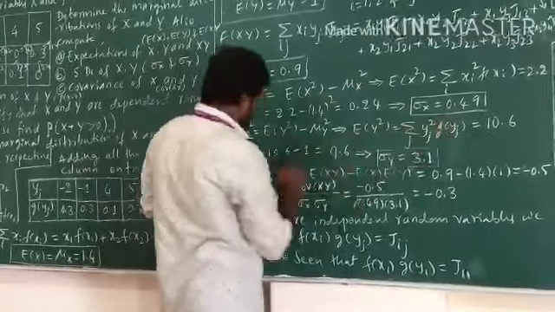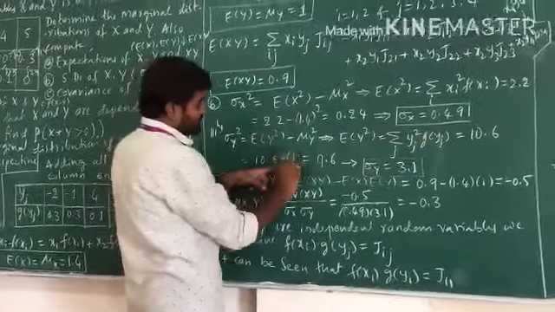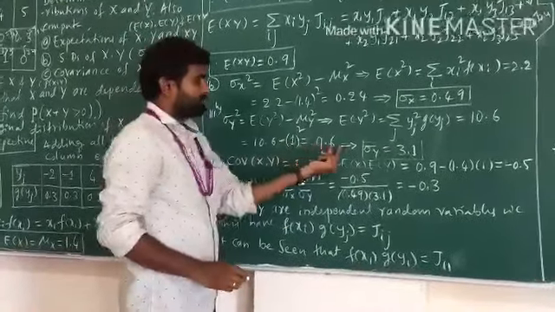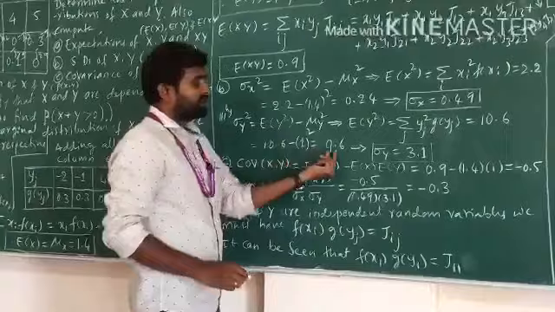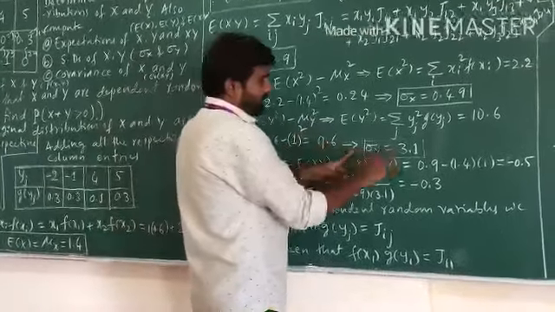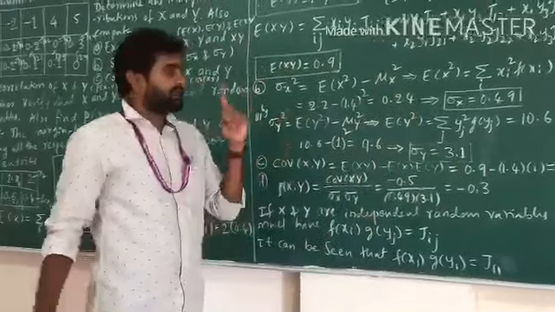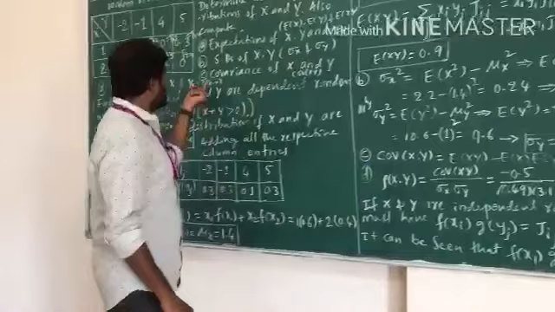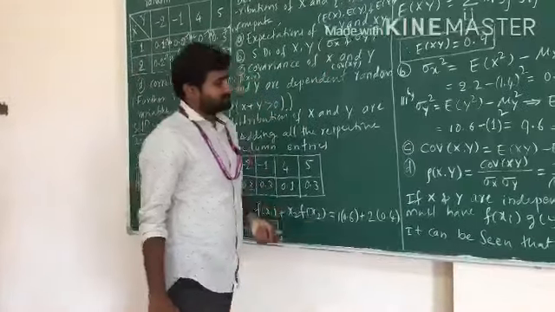So 10.6 minus 1 square, which is 1, gives 9.6. After subtracting, taking the square root of 9.6, delta y is 3.1.